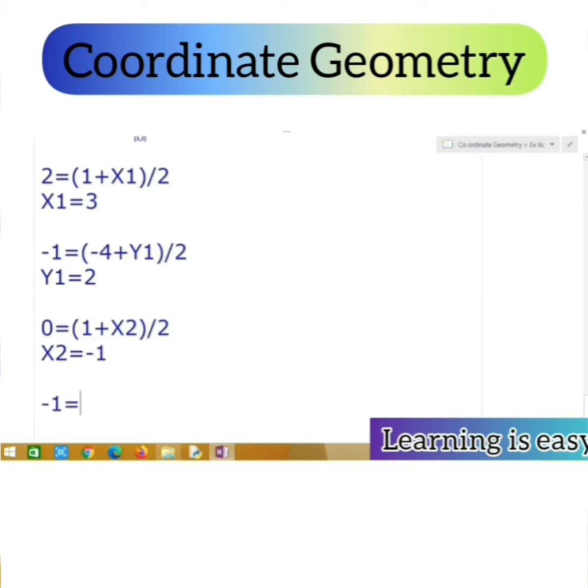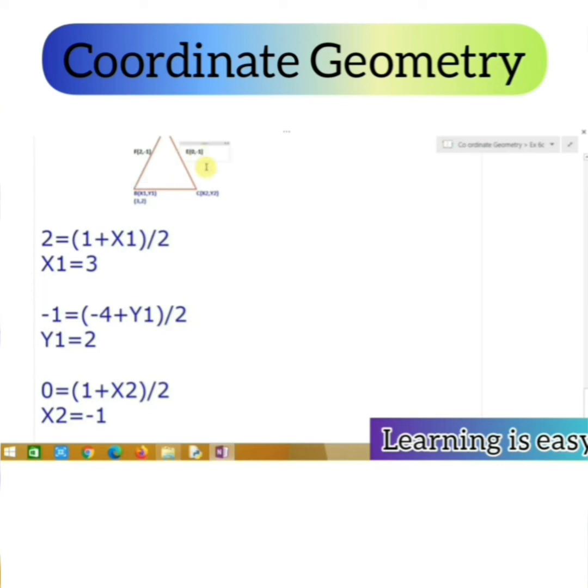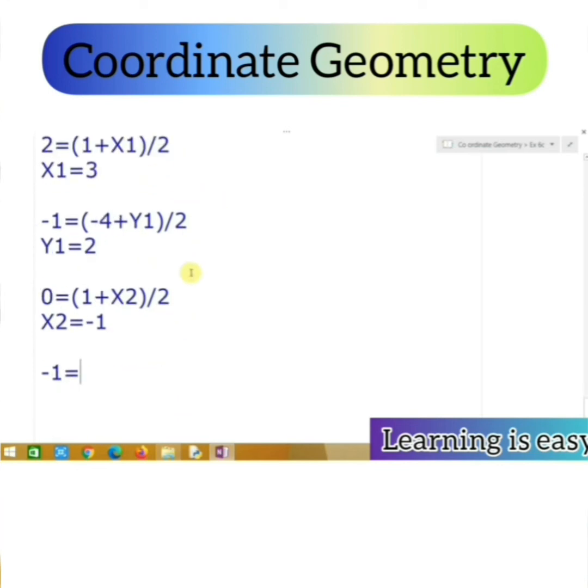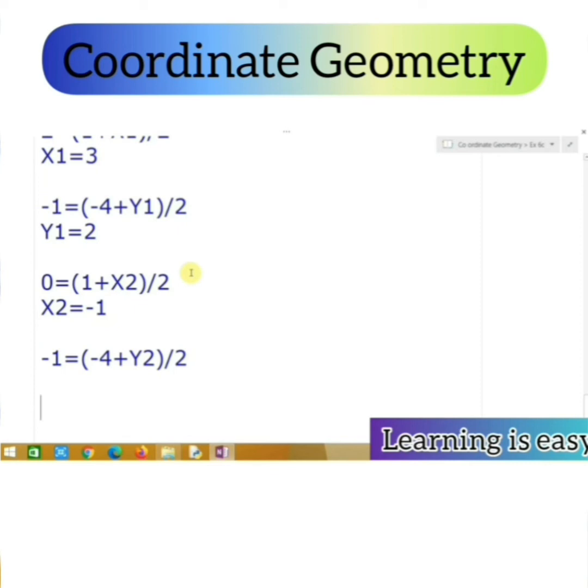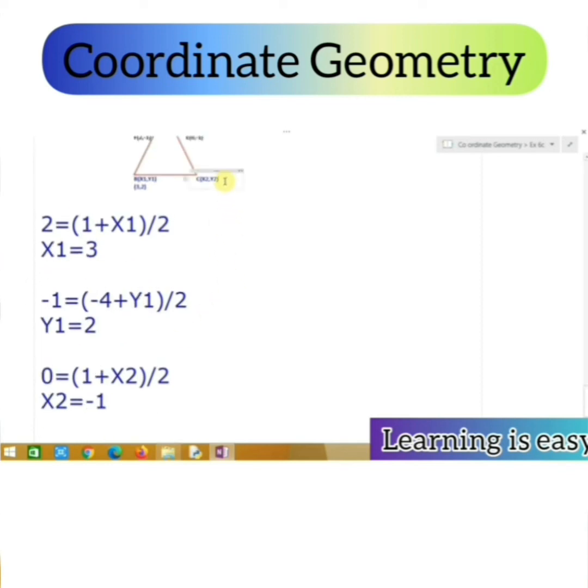Minus 1 equal to (minus 4 plus y2)/2. So y2 is going to be 2. We got the coordinates of C, that's minus 1 comma 2.